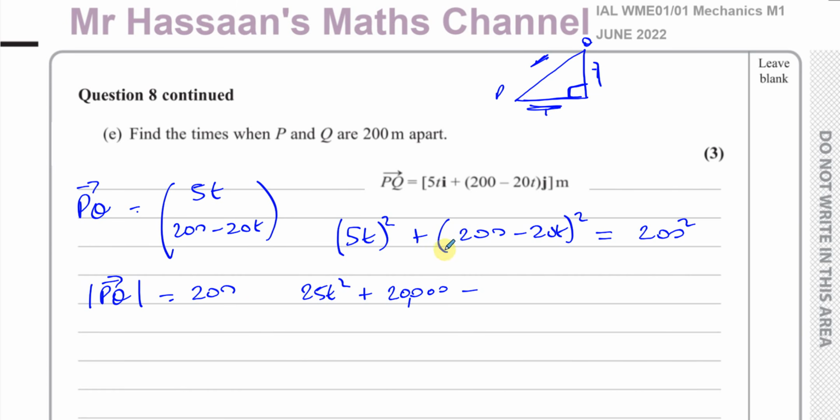So 2 times 2 times 2 is 8, and then 3 zeros, that's 8,000t. 200 times minus 20 is minus 4,000, times the 2 is minus 8,000. Then you square this last term, so it will be positive. 20 squared is 400, and that's the t squared, equals 200 squared, which is 4 and 4 zeros, that's 40,000.